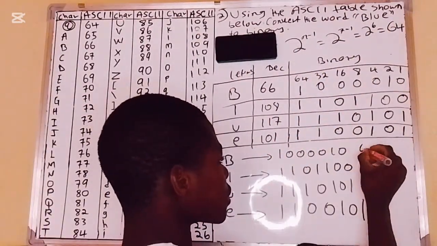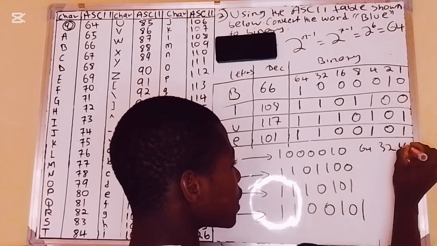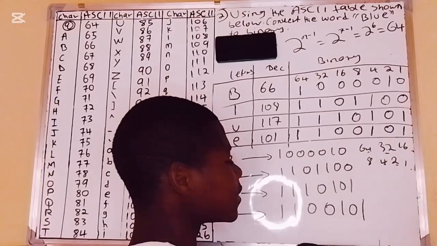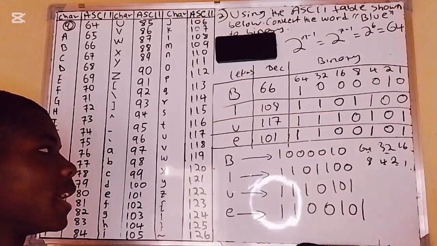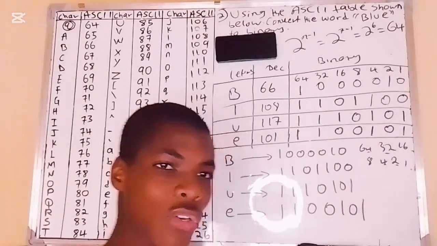So 64, 32, 16, 8, 4, 2, 1 — 7-digit binary. So therefore this is the end of this question because we converted this blue to binary.